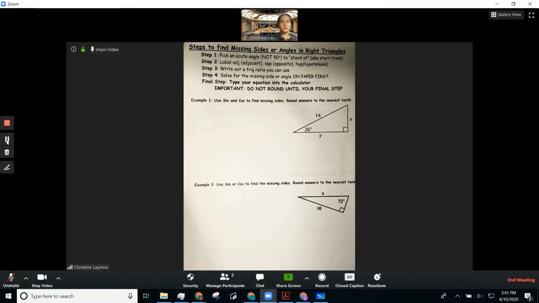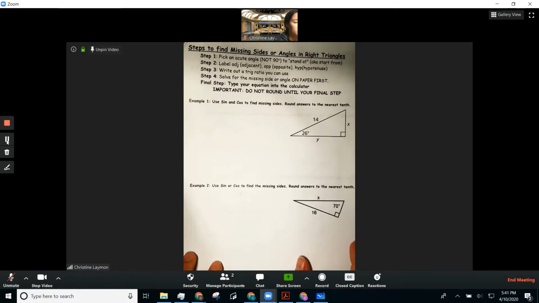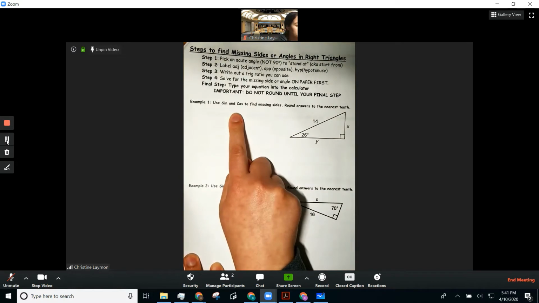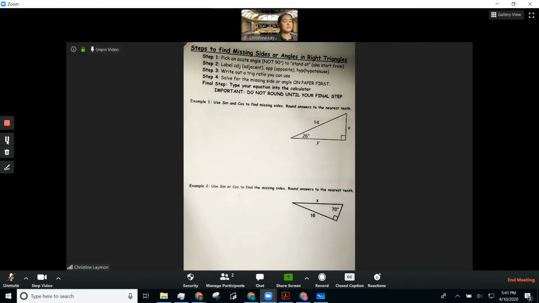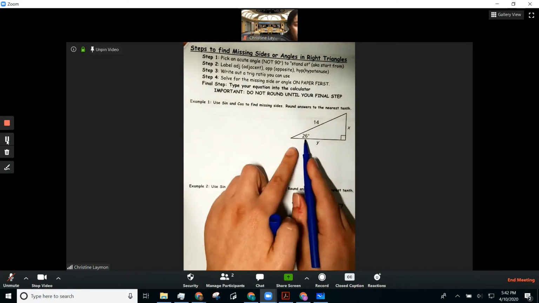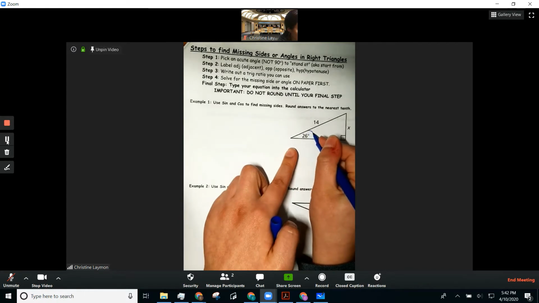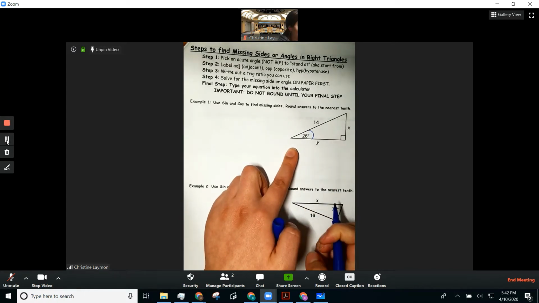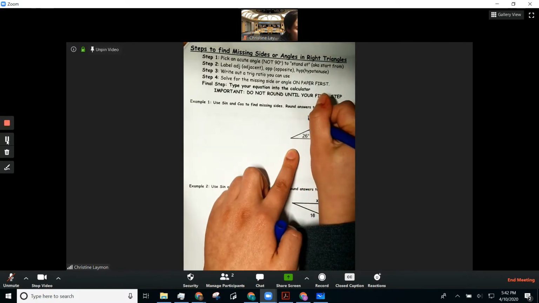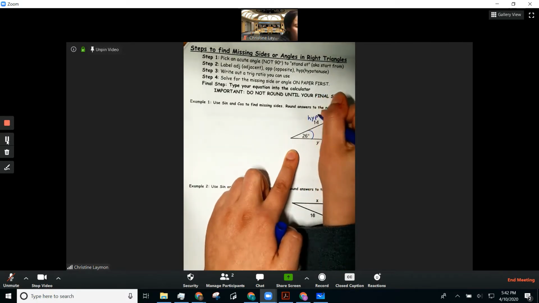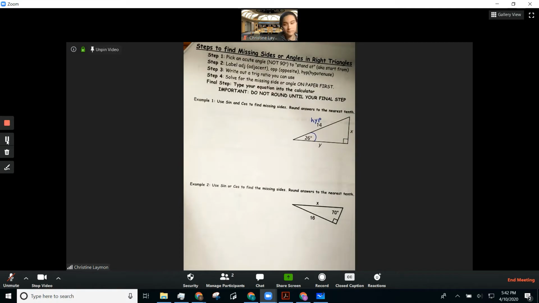Okay, so let's go ahead and take a look at example 1 here. They want us to use sine and cosine to find the missing sides. And at the end, we're going to round our answers to the nearest tenth. So I see that they gave me one angle. That's the angle I am going to start from. I see the right angle, so it goes straight across, and I label this one over here as my hypotenuse.